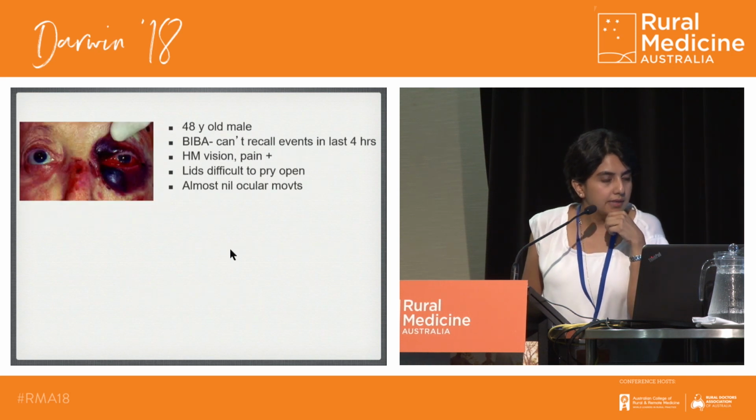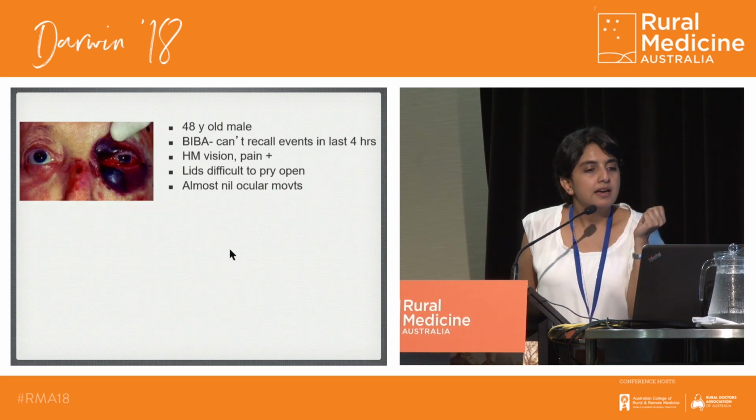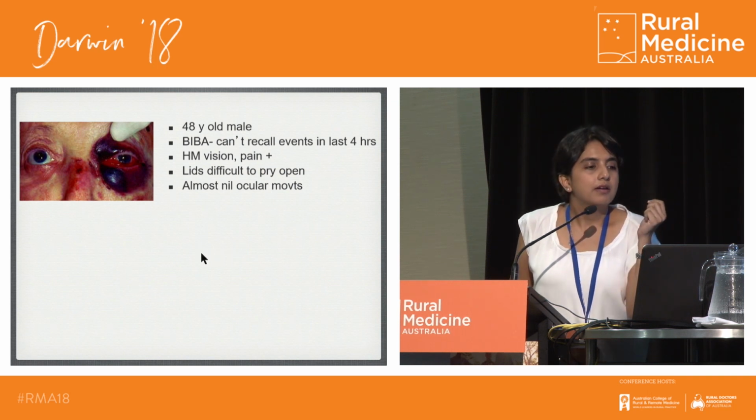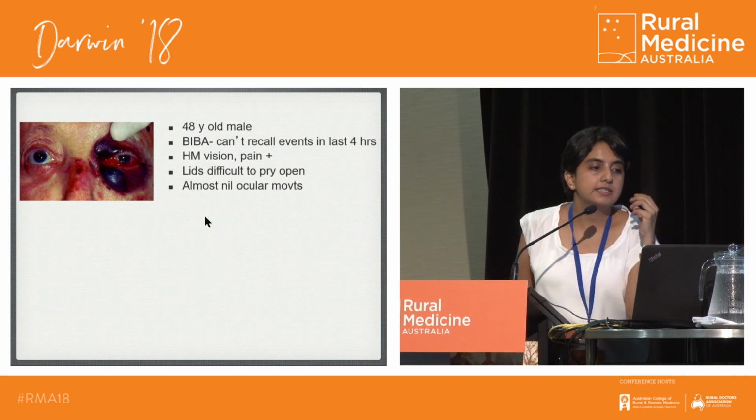This is a young male who was brought in by the ambulance, could not recall the events in the last 4 hours, so we don't know the history, but very poor vision and pain in the left eye, difficult to open the lids, and almost zero ocular movement, so a fixed, tight eye.